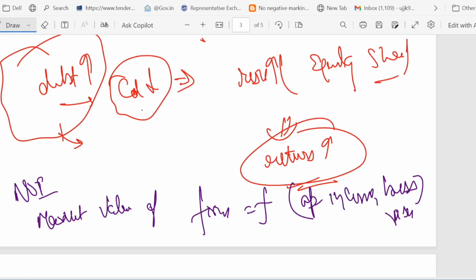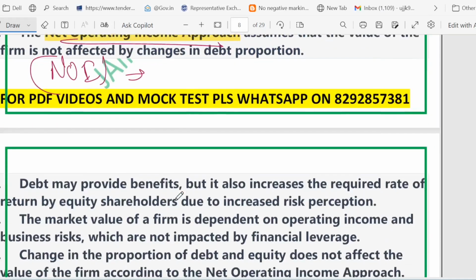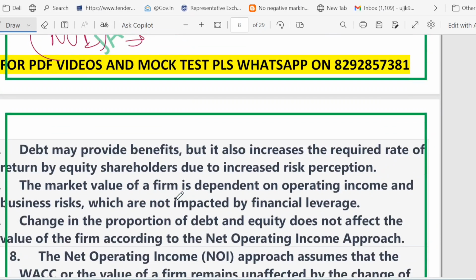So this is called financial leverage, right? It says that financial leverage has no impact on firm value. So it means firm value is not a function of financial leverage.